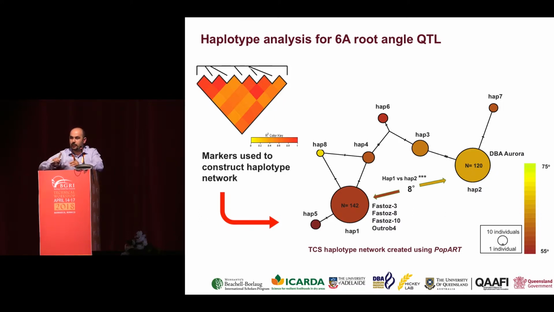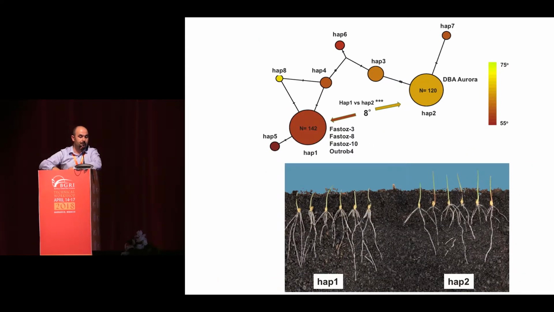The difference between these two haplotype groups was 8 degrees. It was really significant. We might think it's not much, but we know that the root angle has a big implication on the root system architecture further on during crop development.